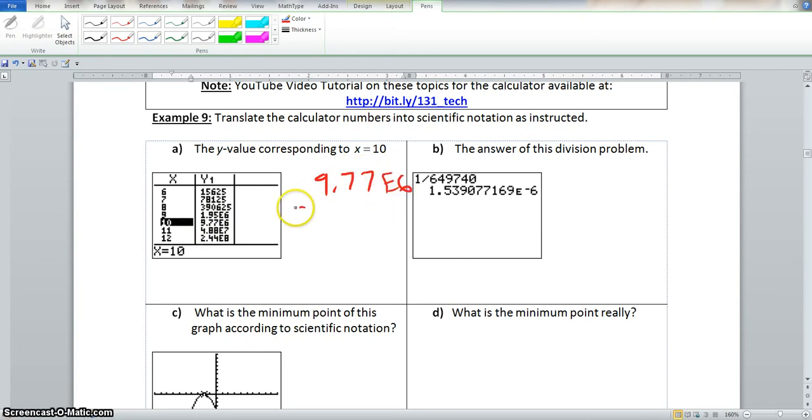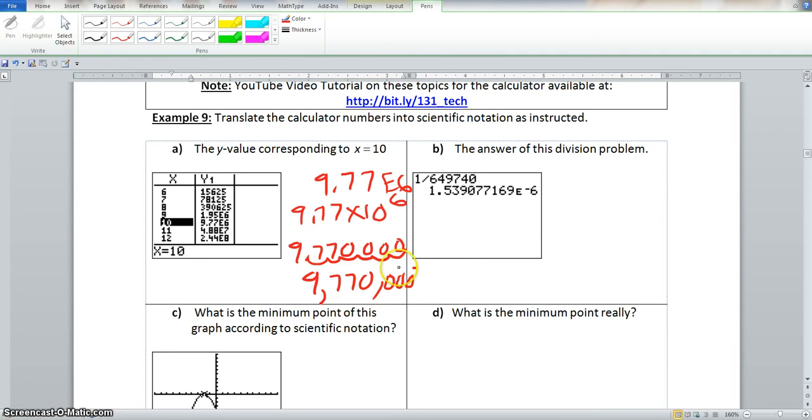Now we know this means 9.77 times 10 to the 6th power. So that means we just need to move this decimal 6 places to the right and put in the zeros for those blank spots, and we will have 9,770,000. And that will be the answer.